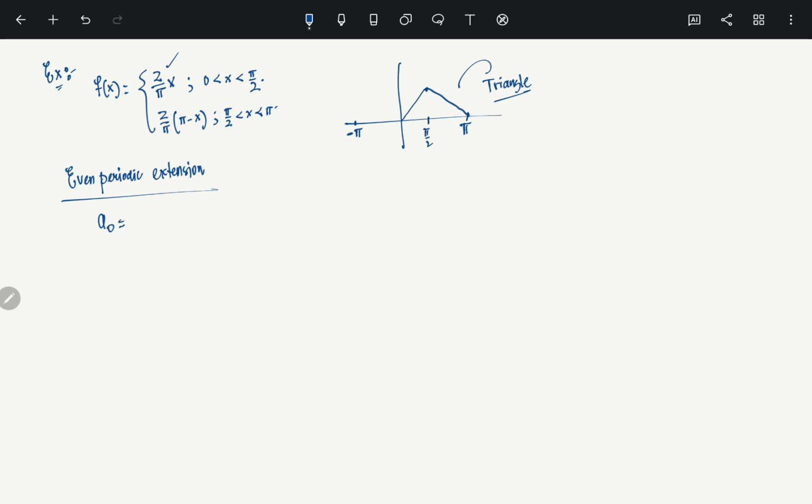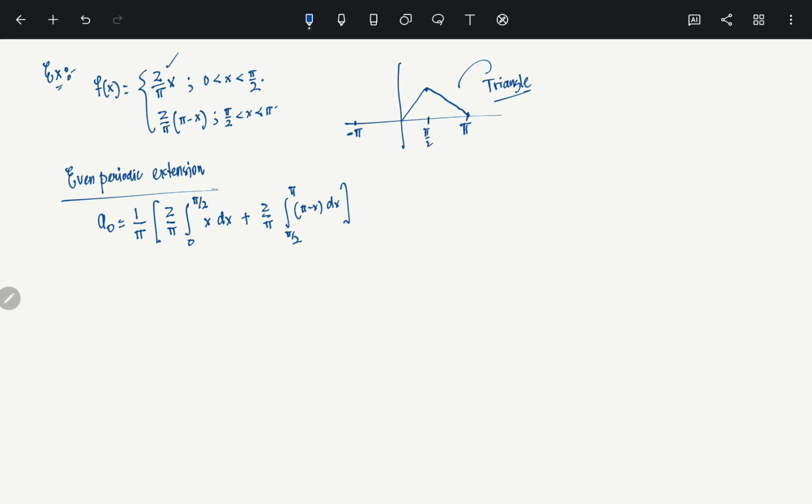So a naught is 1 by pi, times the integral from 0 to pi by 2 of 2 by pi x dx, plus the integral from pi by 2 to pi of 2 by pi times pi minus x dx.